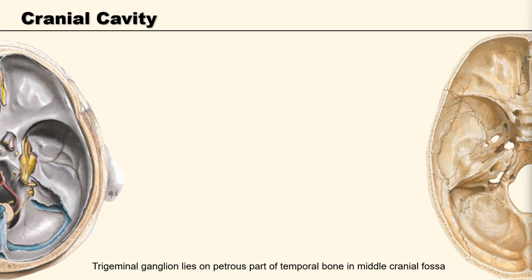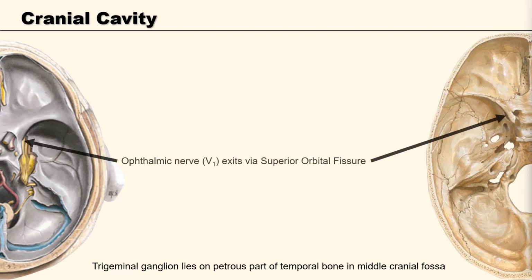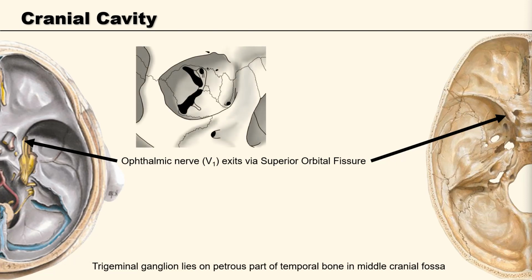The three divisions of the trigeminal nerve sprout from the ganglion and leave the cranial cavity through three different openings in the skull. All of these openings are in the sphenoid bone. The ophthalmic nerve travels anteriorly to pass into the orbit through a slit called the superior orbital fissure, which can be seen here.